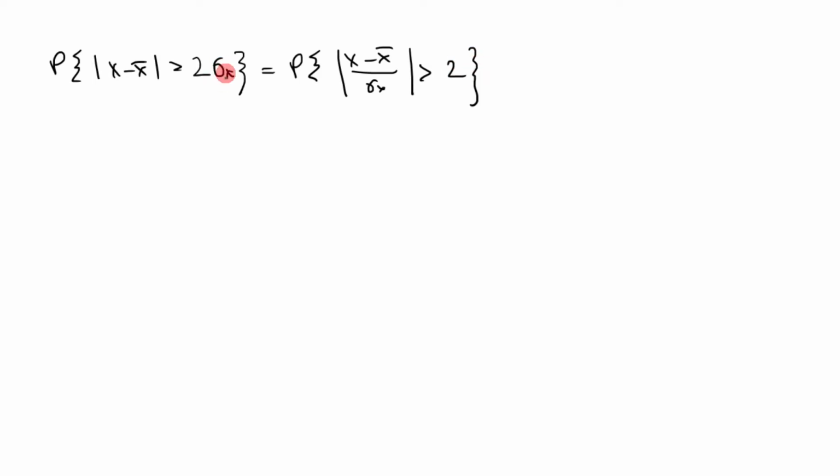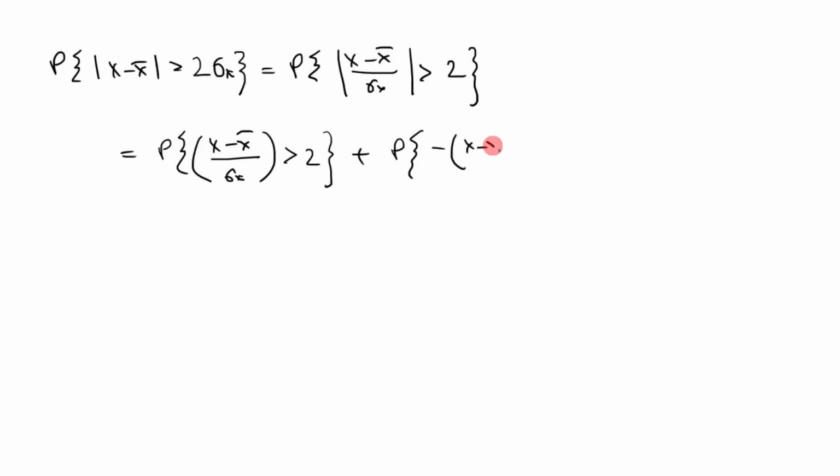I am transferring the standard deviation here. So it can be represented as the probability of x minus x bar over sigma x greater than 2, plus the probability of minus x bar over sigma x greater than 2. Because we have the magnitude here, we can expand this probability into a sum of these probabilities.